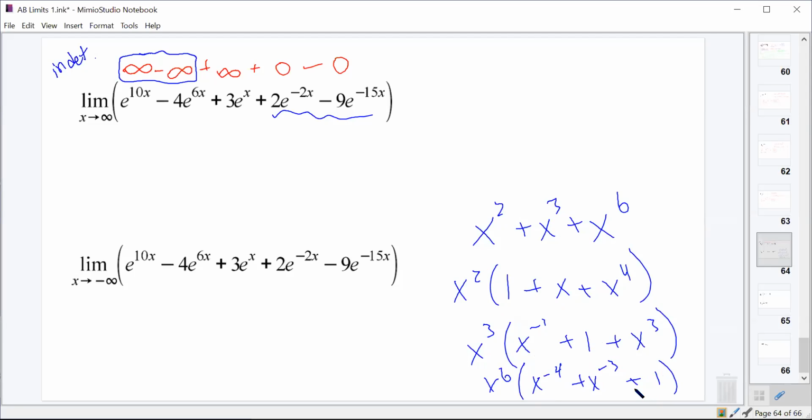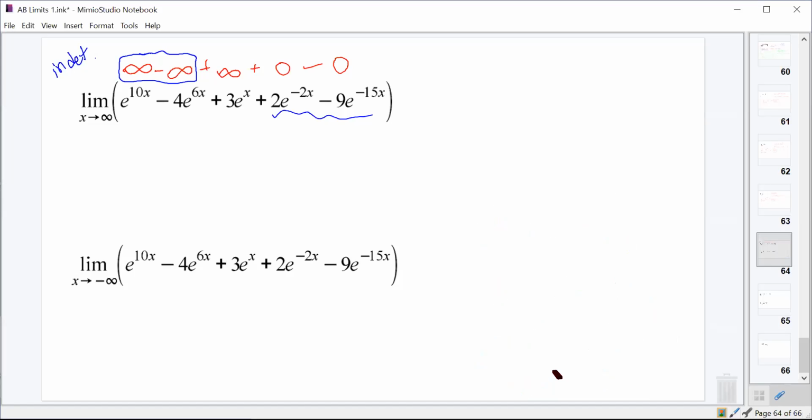So if I were to take something out of all those terms in my parentheses, what would I take out to turn everything into a negative exponent?